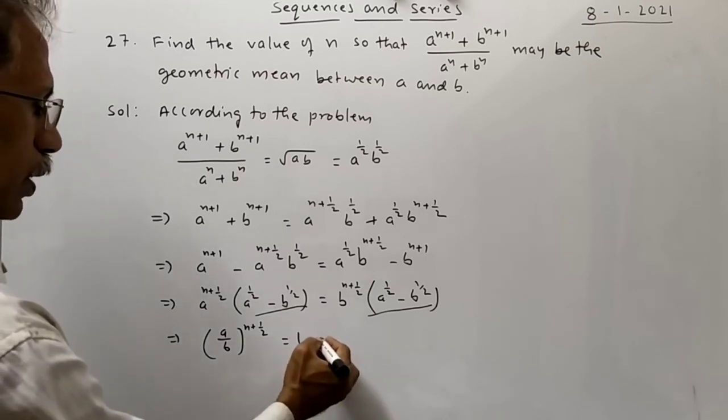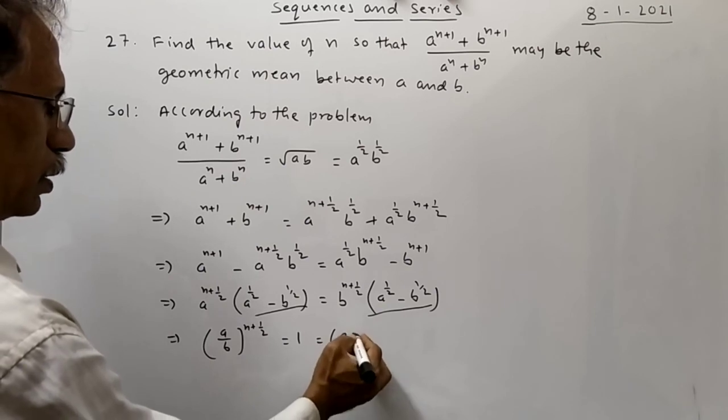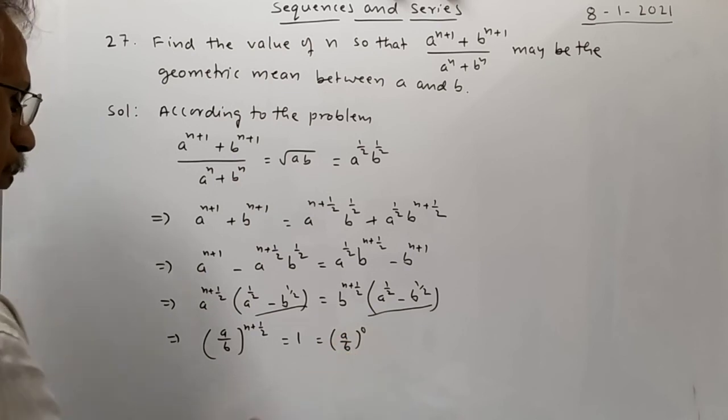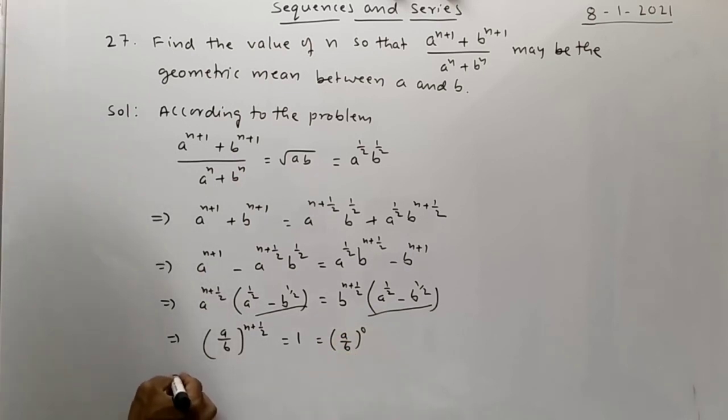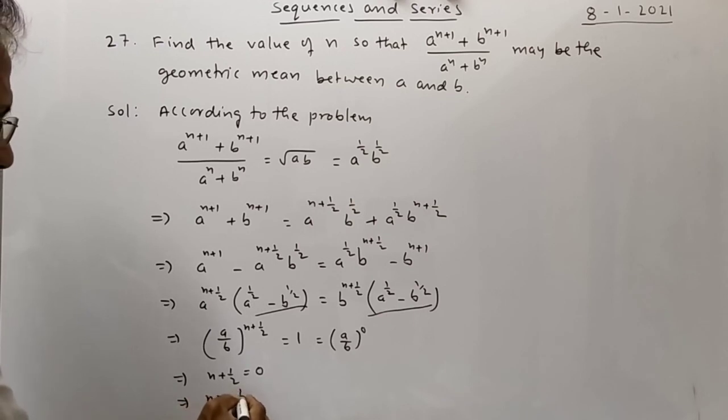This 1 can be written as a by b whole raised to the power 0. This implies n plus 1 by 2 is equal to 0, implies n is equal to minus 1 by 2.